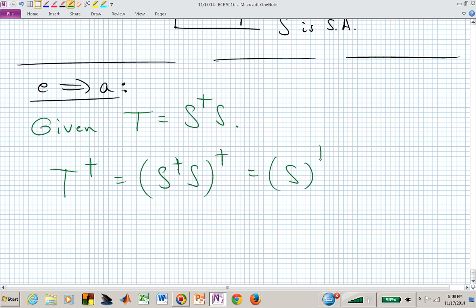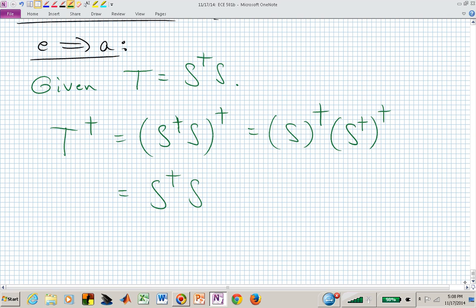I now have S dagger, dagger, and S dagger dagger is S. So now I have that T dagger is S dagger S, which was T. So T is self-adjoint.